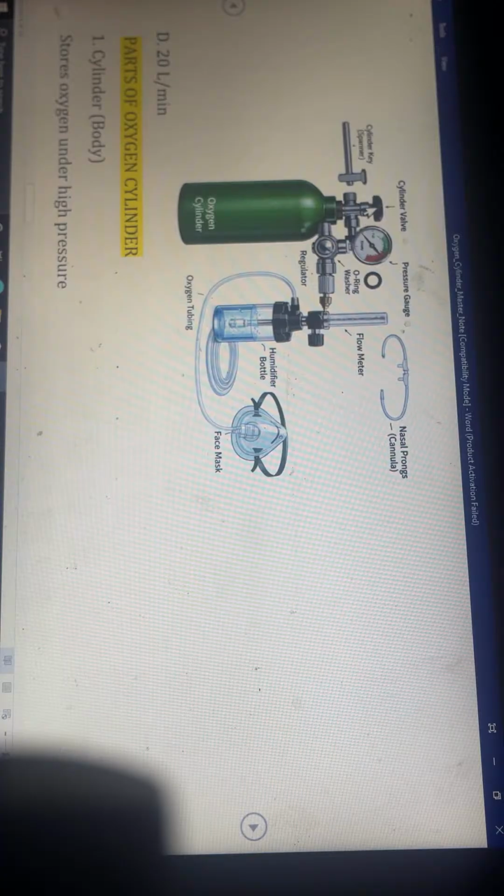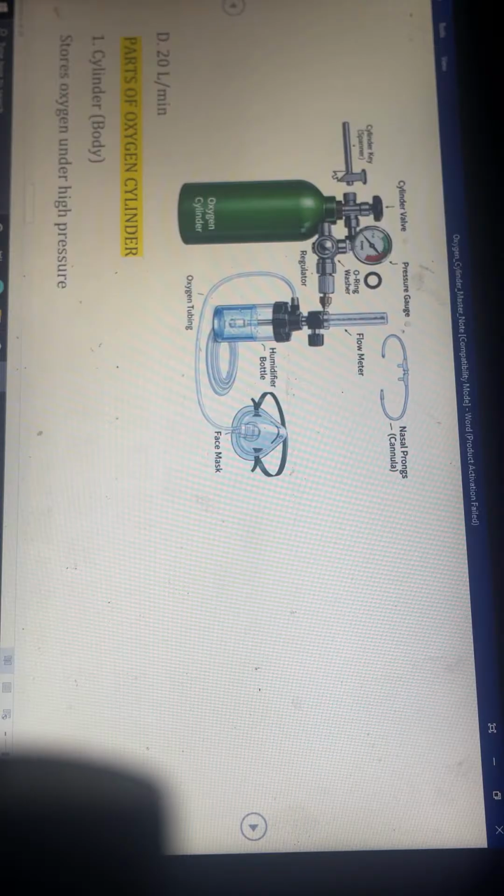So whenever you see valve, it is the padlock to turn this oxygen cylinder on and off. It determines if there will be any flow out of this oxygen cylinder. And we can unlock this black padlock using the cylinder key or the spanner.